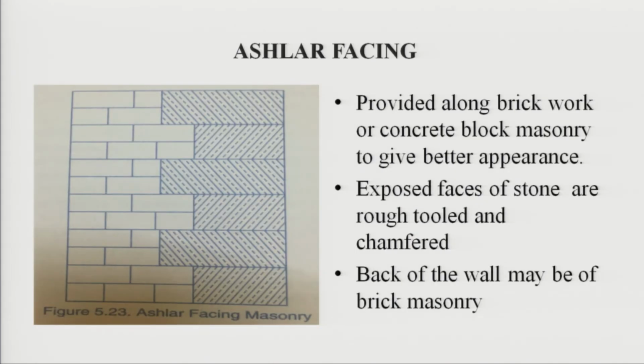So, next is ASHLAR facing. In ASHLAR facing, stone is provided along the brickwork or concrete block to give a better appearance. We can see here, these are the stone blocks and brickwork is also provided along with the stone.